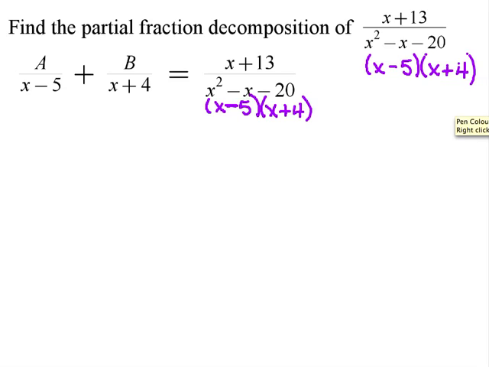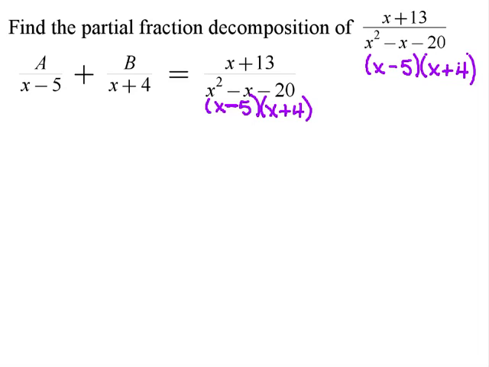So now I'm going to look at the fractions. What is the common denominator between all three of those fractions? x minus 5 times x plus 4. Perfect.